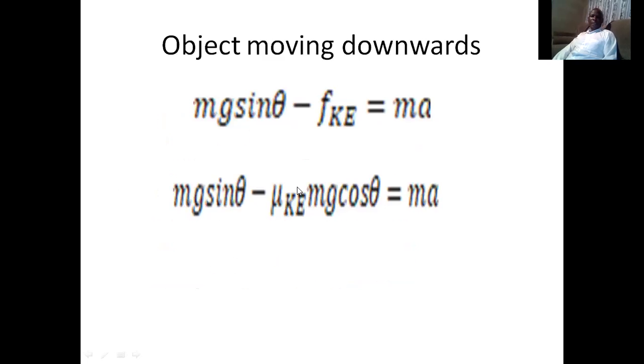The force of kinetic friction will be equal to the coefficient of kinetic friction multiplied by the normal force, as we know that the friction between objects is directly proportional to the normal force.